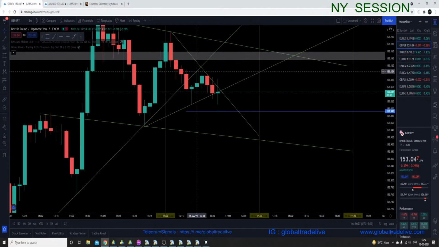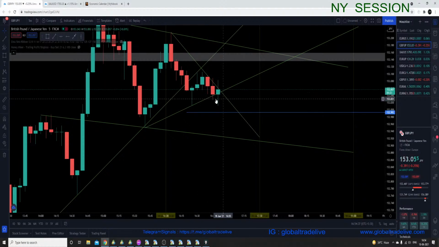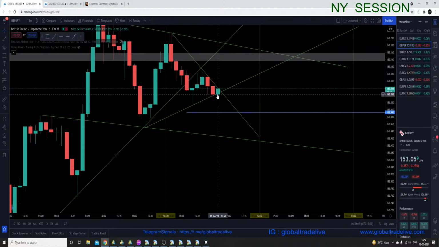Look, now this candle is stuck between these two trend lines. It's trying to go up, but it is not able to move up. If it wants to go up, it has to show some volume in the market and close above this trend line.